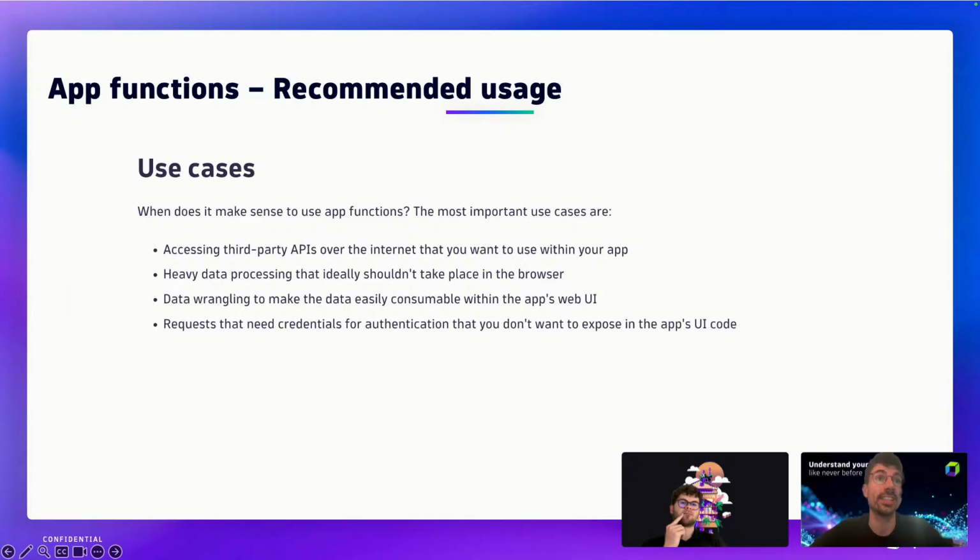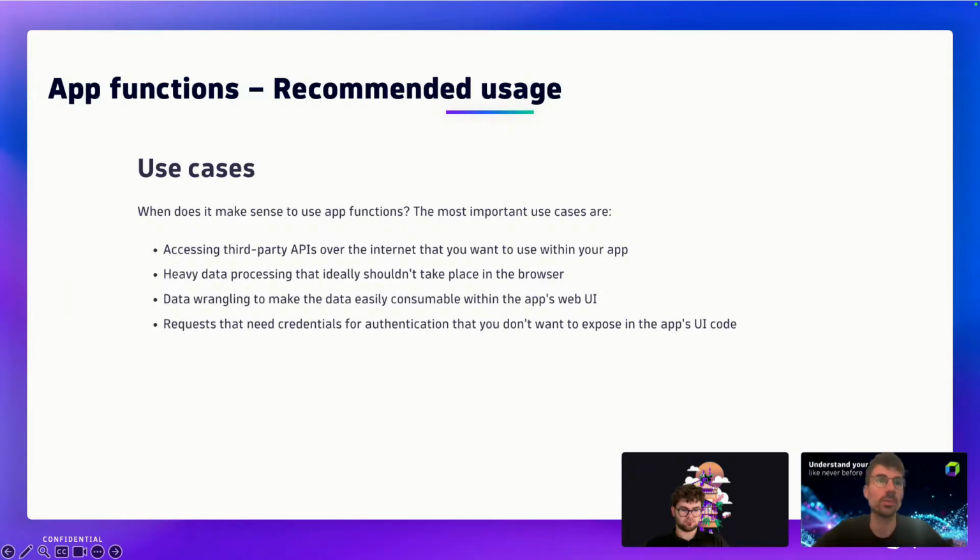For example, for accessing third-party APIs over the internet, so you avoid the CORS configuration and you save on security. Also, if your request needs credentials for authentication that you don't want to expose in the UI code, you can do that in the app function, also related to security.